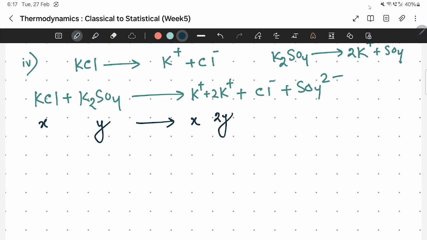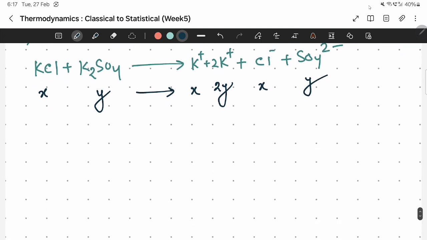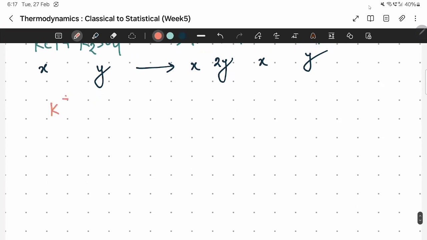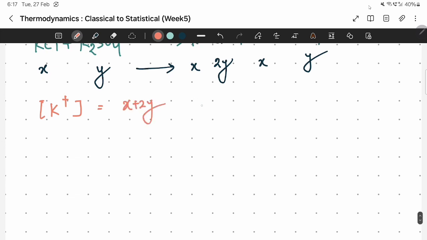Cl minus is coming from KCl, so this will be X, and SO4 2 minus is coming from K2SO4, so this will be Y. So the concentration of K plus should be X plus 2Y, the concentration of Cl minus will be X, and the concentration of SO4 2 minus will be Y.